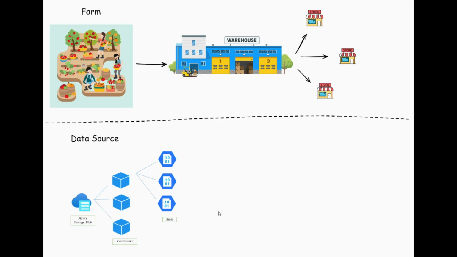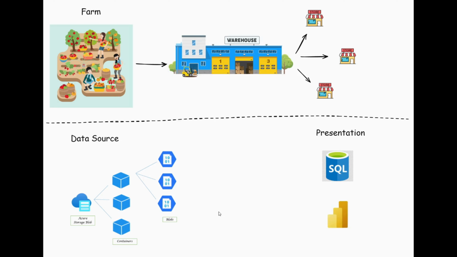We can assume that each vendor could have their own container and they drop the files there. And your job as a data engineer is to bring this data to the presentation layer, which could be an SQL database or a Power BI report.